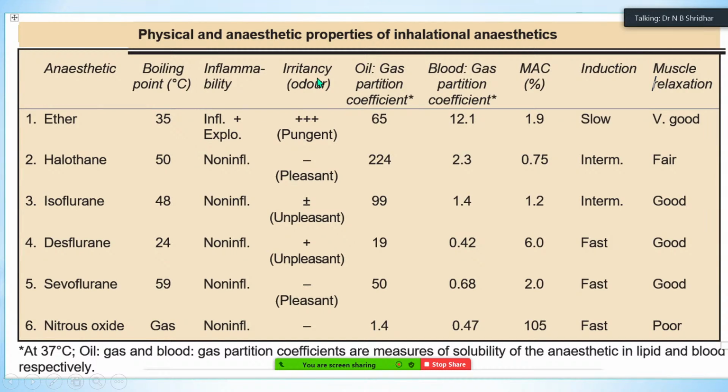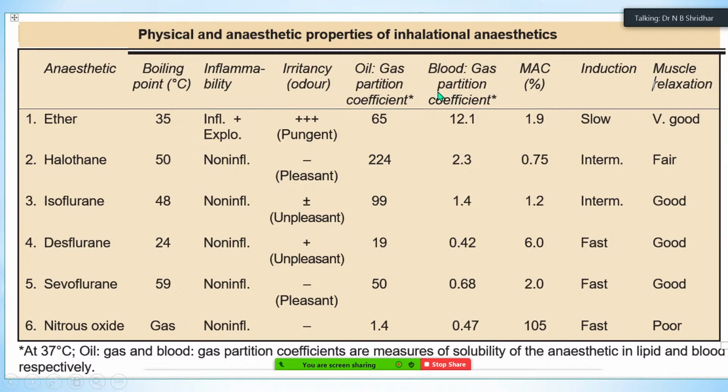Whereas for irritancy, as for the odor, ether has a very pungent odor, and many times patients dislike the odor of ether. Halothane has a very pleasant smell, whereas isoflurane is not so pleasant, whereas sevoflurane is pleasant in odor.